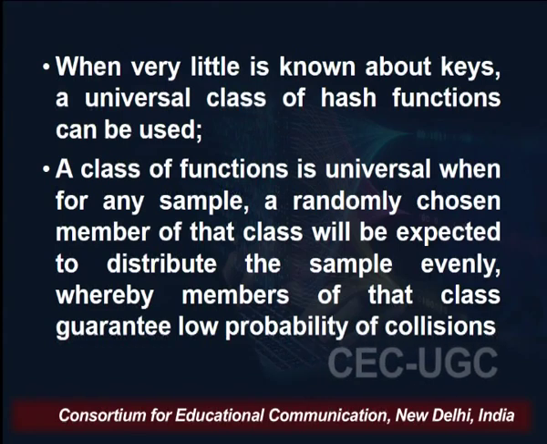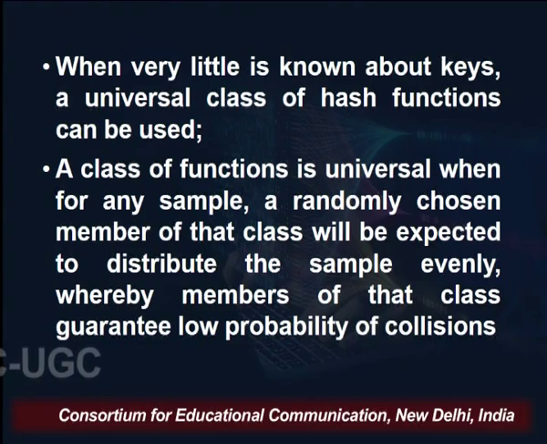So, whatever function you are going to use, for example H1 or H2 or any H for that matter, that's a randomly chosen function from that class, and we expect that hash function to distribute all the samples evenly within your table. What will happen if the samples are distributed evenly?